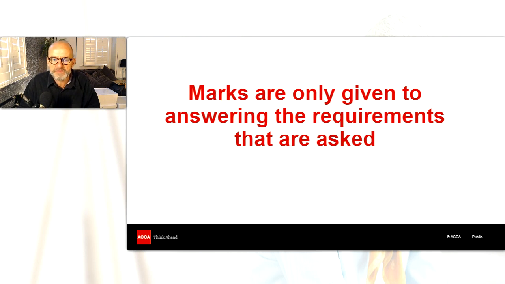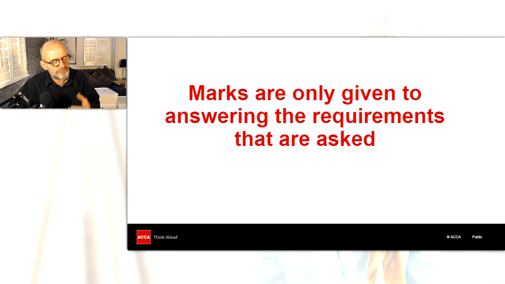The first thing they talked about was that marks are only given for answering requirements that are asked. Now, this might seem a little bit obvious, but it is something the examiner points out, because so many scripts come through where students sitting the SBL exam don't follow the requirements.